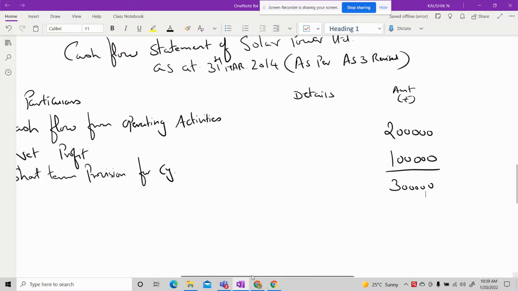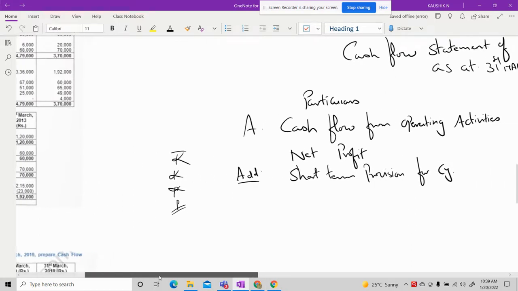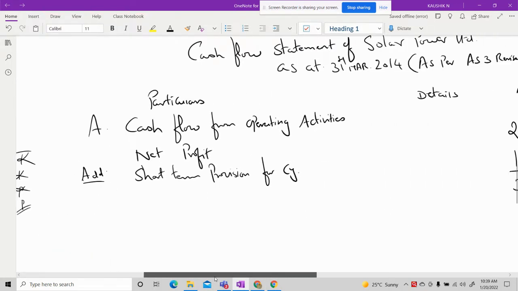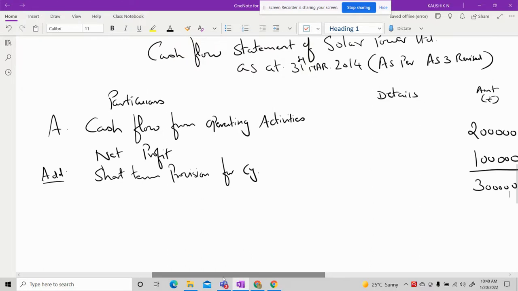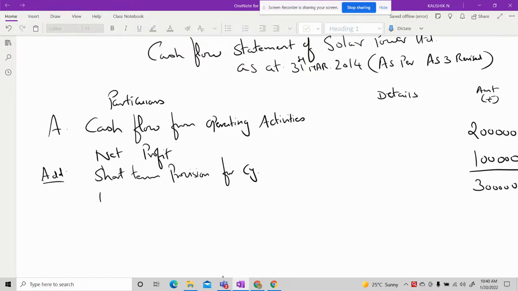This 3 lakh will be named as net profit before tax and extraordinary item. Naming is very important.